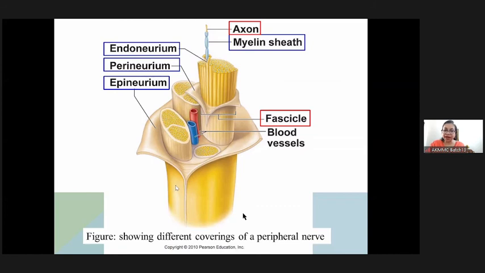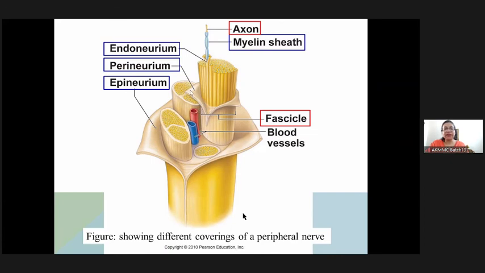This may be a cranial nerve, containing fascicles. The whole nerve, spinal nerve or cranial nerve, is covered by epineurium.